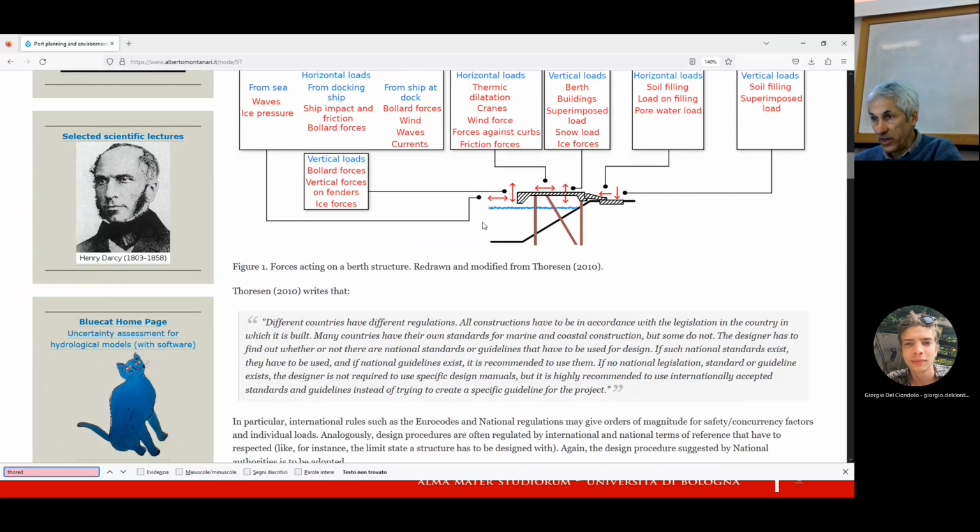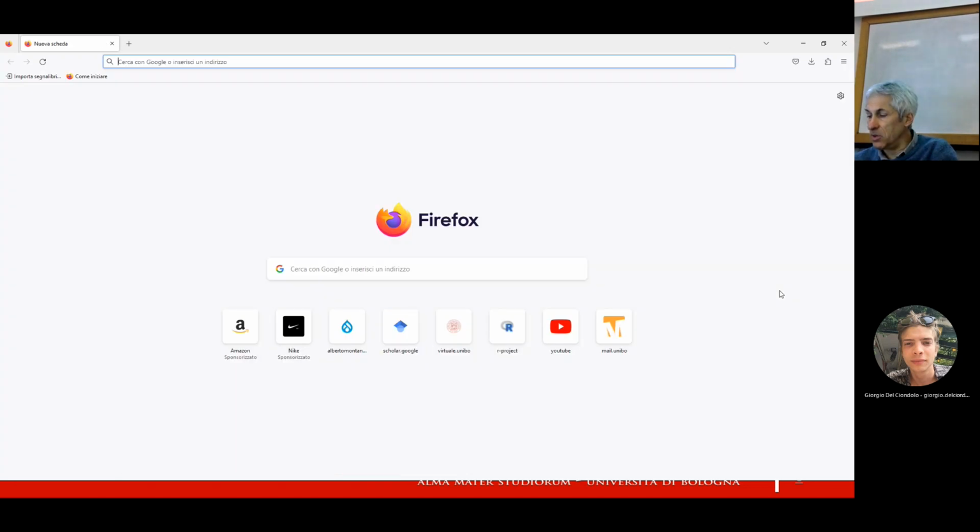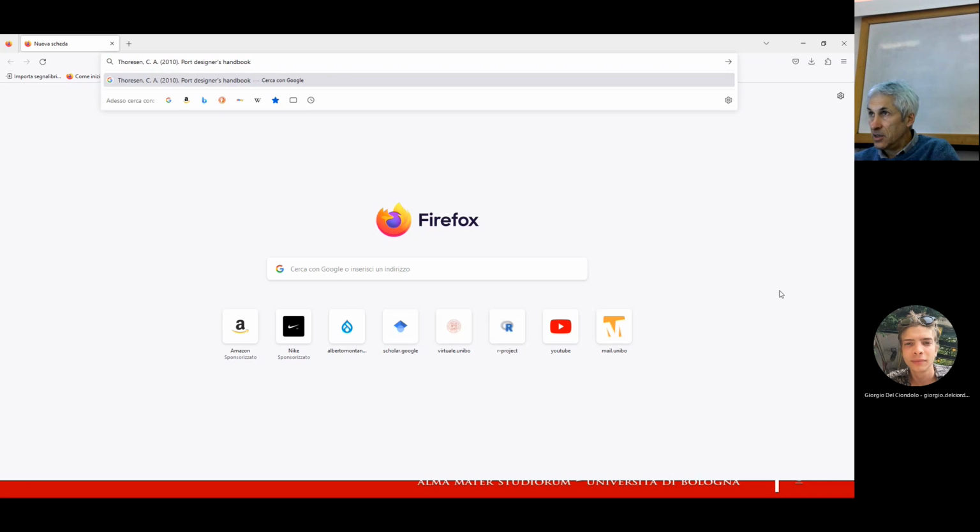You know that I am a fanatic of free education. So let me see. Thoresen, Port Designer's Handbook. Let me just check if it's available on the web.